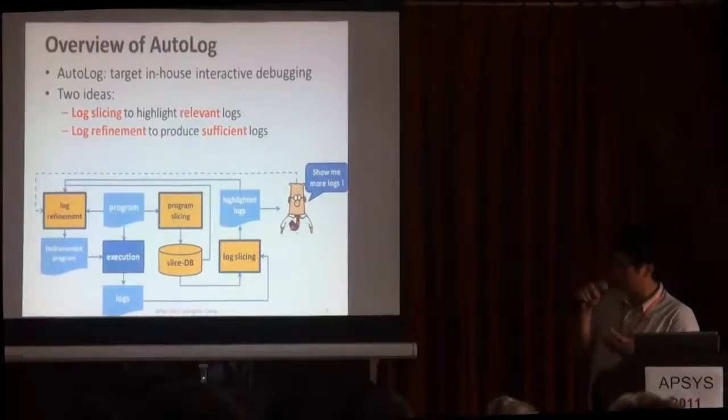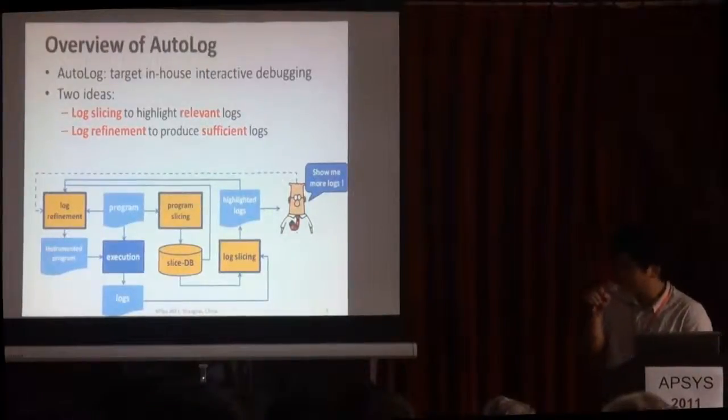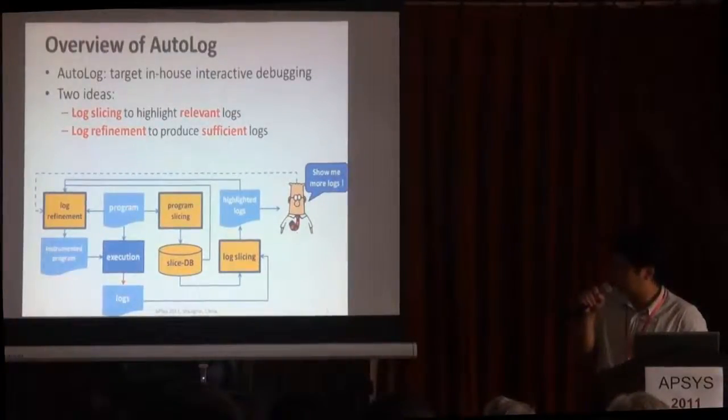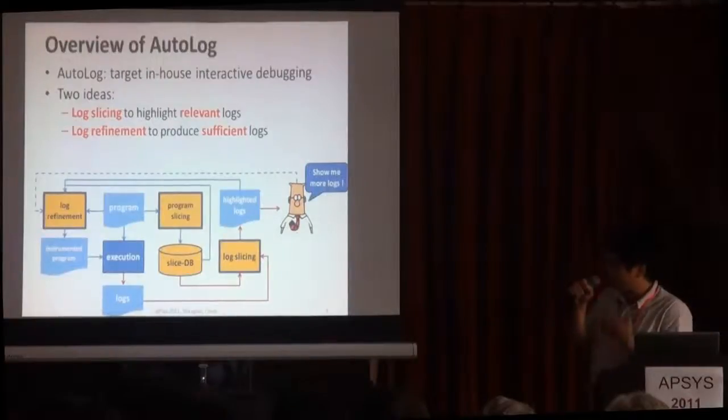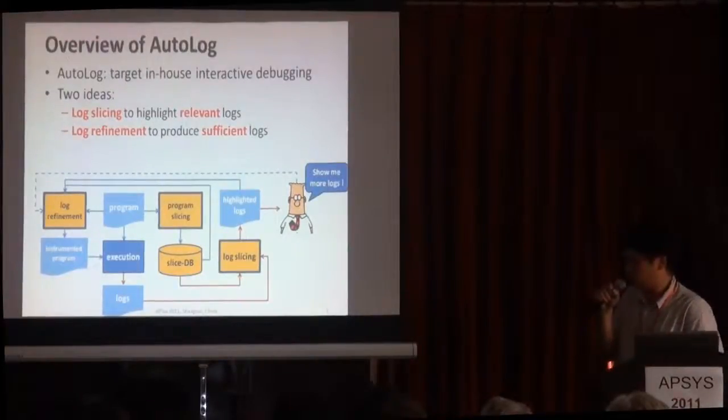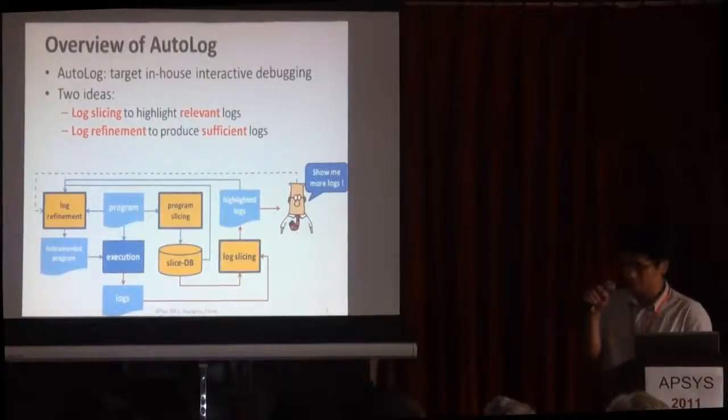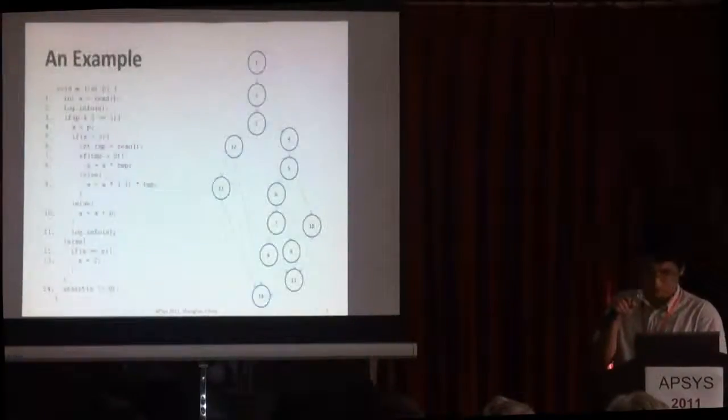The instrumented program will be re-executed to generate new logs. The new logs will be sliced again and then presented to the developer. In this way, the debugging session will continue, probably for several iterations. The fewer the better.